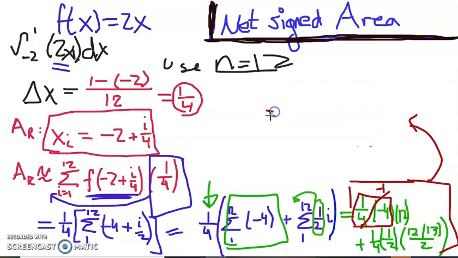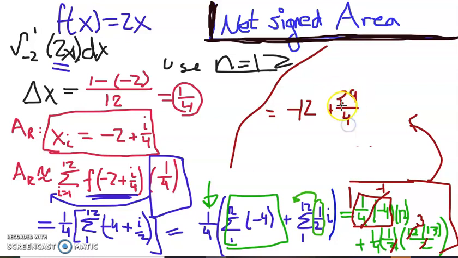So this gives us -12 out front. And then what do we have here? A half of 12 is 6, and half of that is 3. So we have 3 times 13, in other words, 39 over 4.